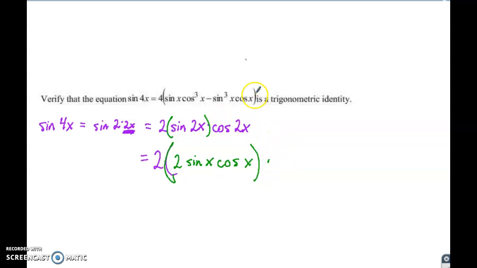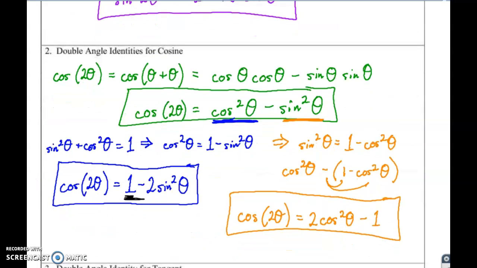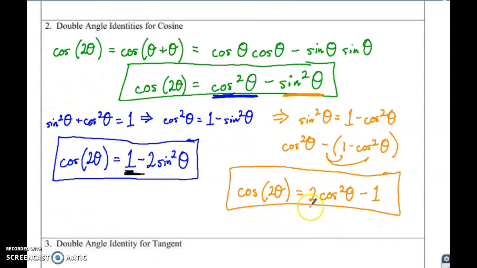Well, now looking at cosine of 2x, remember I have a lot of different options for cosine of 2x. Let's use a drastically different color instead of slightly different. Well, let's look at our options. As I'm looking at this, we're trying to get cosines and cosines here. So maybe what I would do is rewrite cosine of 2x, and again, you have access to the formulas, I'm going to strategically pick this one now, this orange one.